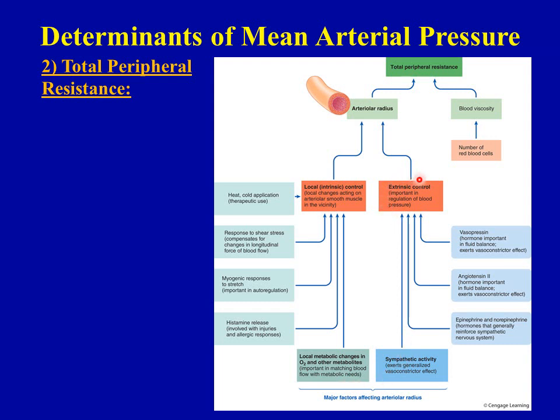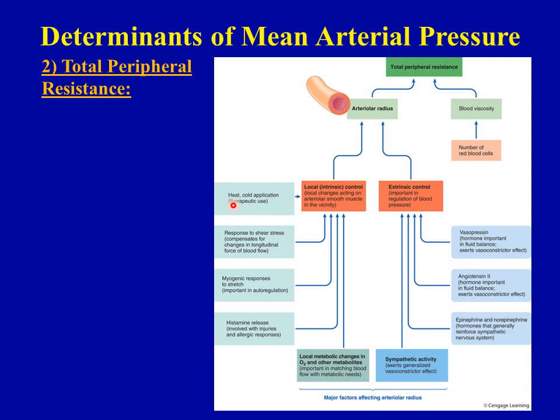For the extrinsic control, the main extrinsic controller of the arteriolar diameter is the sympathetic division of the autonomic nervous system, because as far as we know, the parasympathetic plays a minor or no role in controlling the radius of the arterioles. For the local control, we have other factors, which is the temperature, like heat and cold.